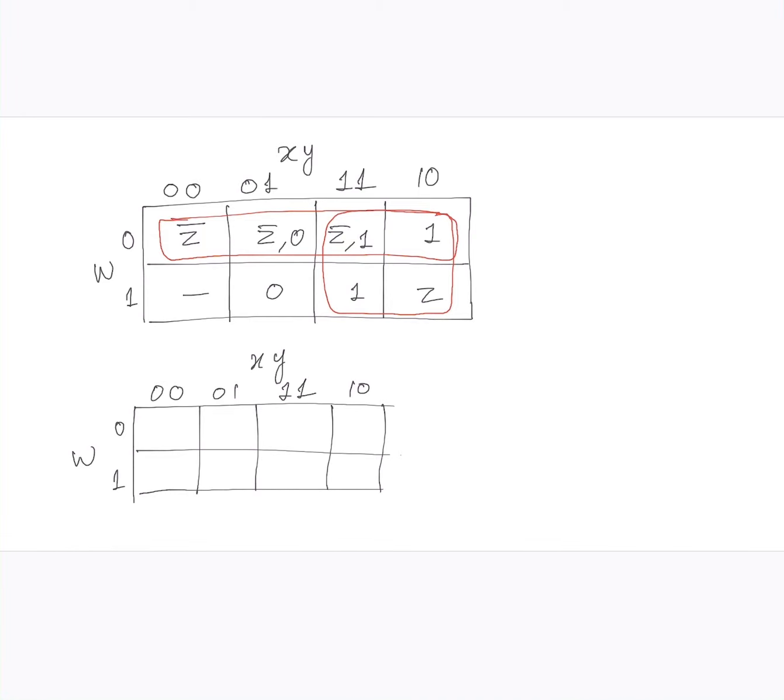Writing the terms, z bar can be written as 0, and the constant term can be written as 0. As this term is completely covered by both z and z bar, we can replace it by don't care. Again, this one cell is also completely covered, so replace it by don't care. Below, write dash, 0, 1, and as this z has been covered, replace it by 0.